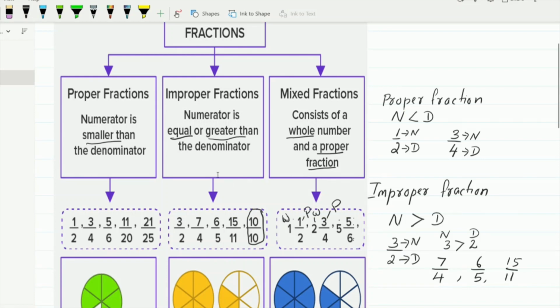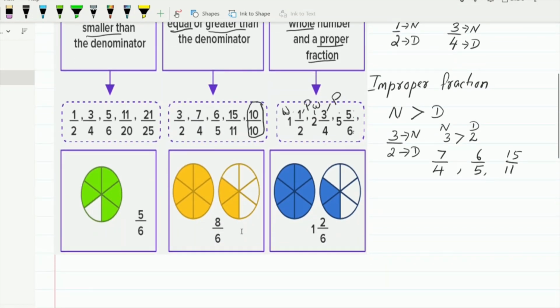Now we can go through how to represent these fractions by using figures. So, a picturized demonstration of proper fraction, improper fraction and mixed fraction. In the case of proper fraction, if you demonstrate using a picture, only one figure is required, and that figure is divided into different parts and you select some parts from that.